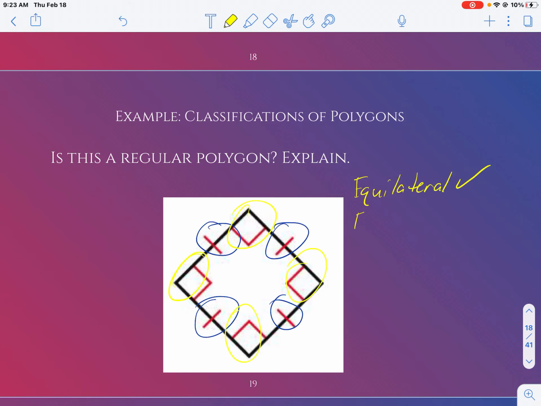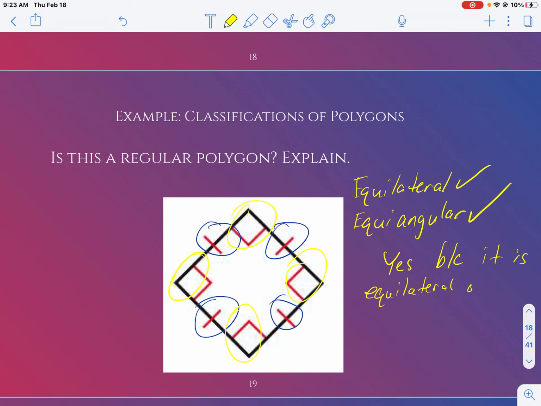They're all 90. So it's equiangular. So is this a regular polygon? Yes, because it is equilateral and equiangular.